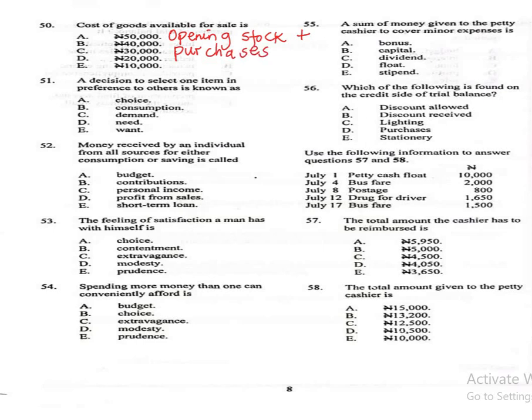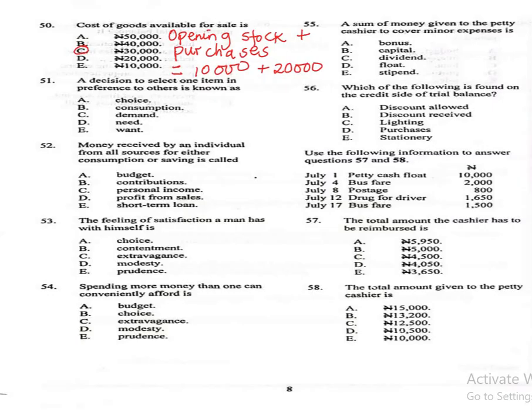From the values given, you notice that the opening stock is 10,000 naira, while the purchases is 20,000 naira. So cost of goods available will be 30,000 naira, which is option C.